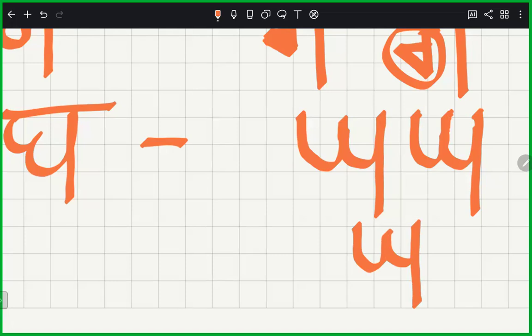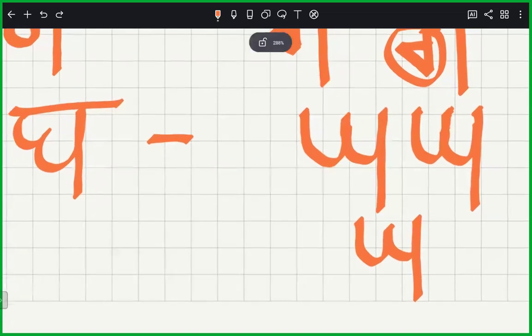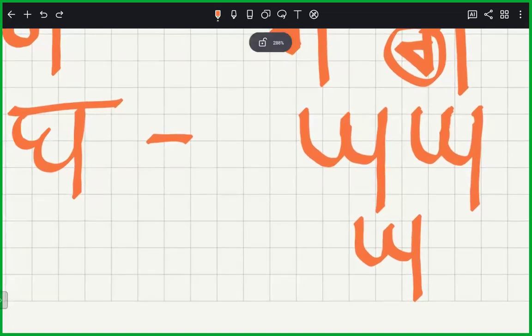But this Gha in Sharda doesn't have a Shirorekha. Shirorekha is this line that we cover the alphabet with. Gha doesn't have it. And here in Sharda Lipi, you have to make note of these letters before we go ahead and learn about the special rules, because there are some rules that are based on the presence and absence of the Shirorekha.